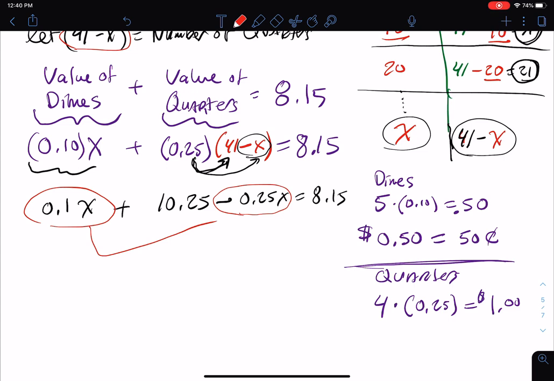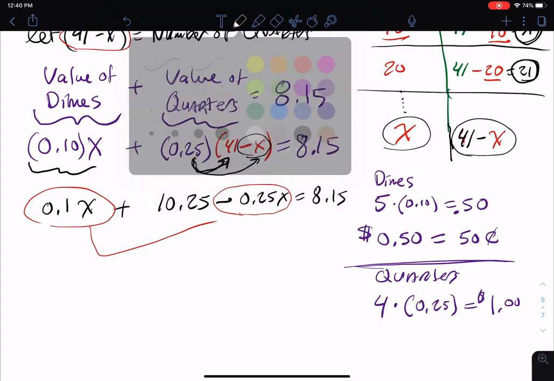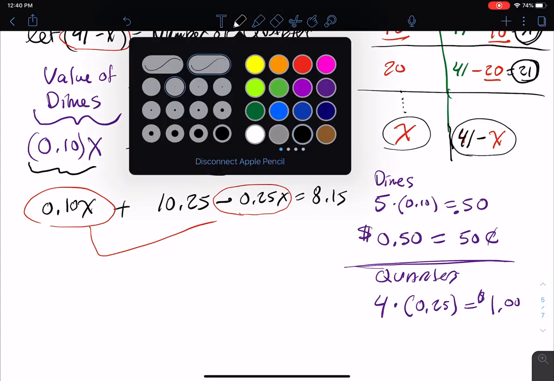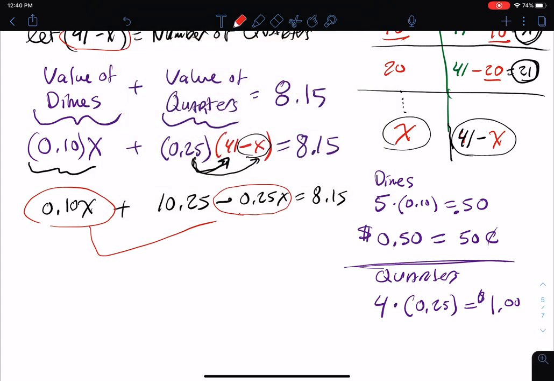It's like saying 10 cents minus 25 cents, and that's going to leave us with a negative 15 cents, or in this case, negative 0.15x. We still have our plus 10.25, and we have it all equal to 8.15.